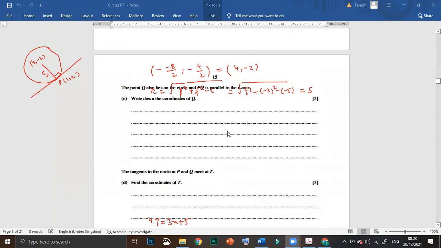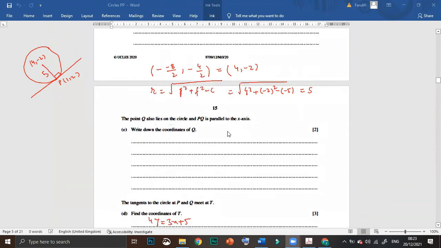The point Q also lies on the circle with PQ parallel to the x-axis.